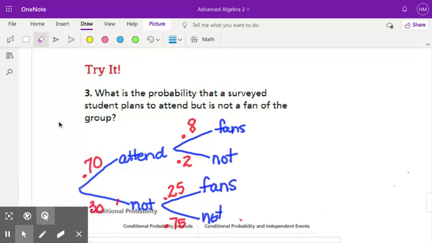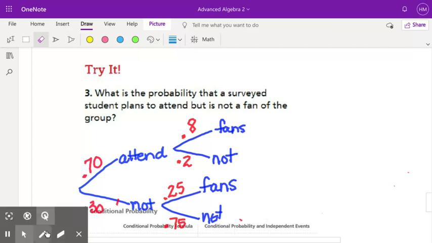Now, where does conditional probability play into this? Well, this diagram tells me about the attendees who are fans or not, and then the people who didn't attend, if they're fans or not. But if I wanted to know, let's say, the probability of all the fans that they attended, then that's a whole different question.